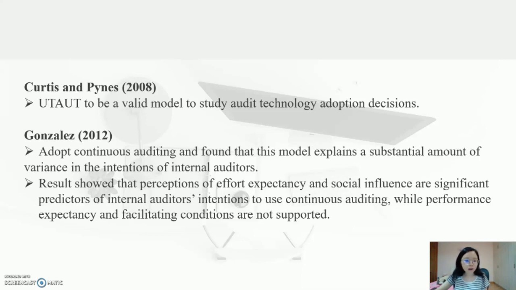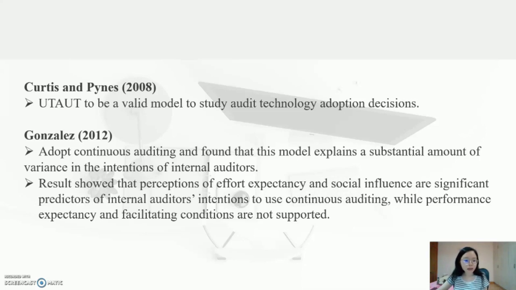From the study of Curtis and Payne, they found out that this model is a valid model to be studied in audit technology. And in UTAUT, they have their main focus on four individual factors, which are effort expectancy, social influence, performance expectancy, and facilitating conditions.